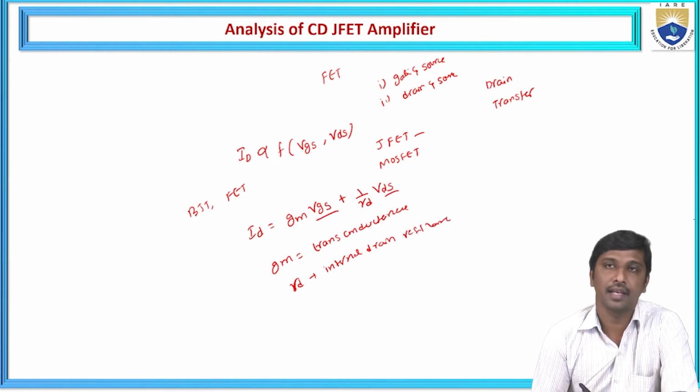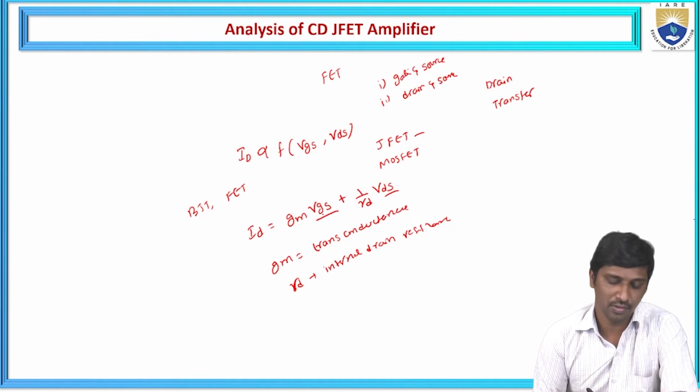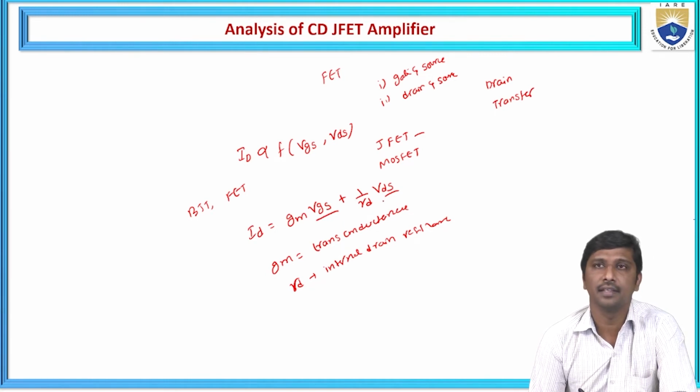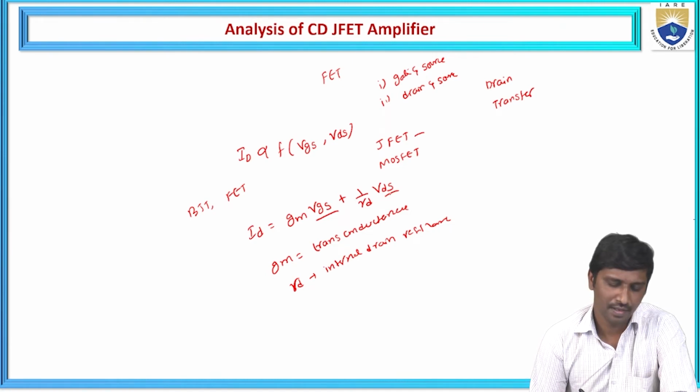And this VGS and VDS act as the two biasing voltage sources. One is the biasing voltage source between the gate and the source, and another one is the biasing voltage between the drain and the source.